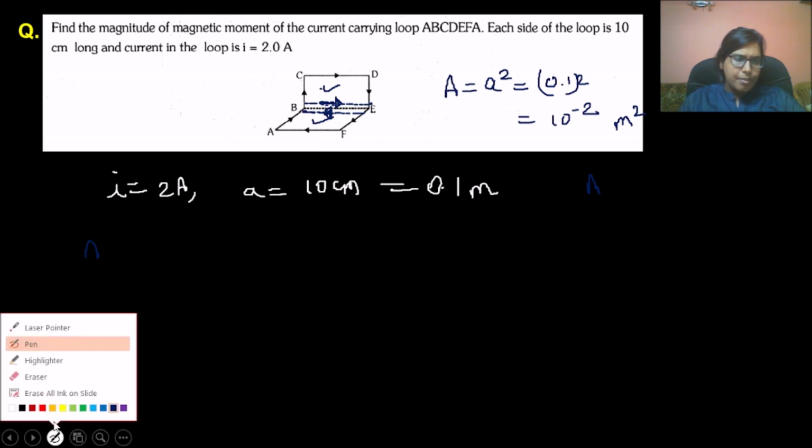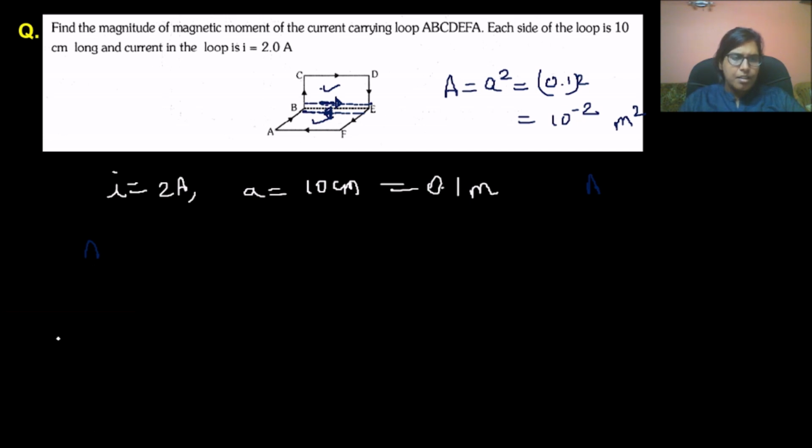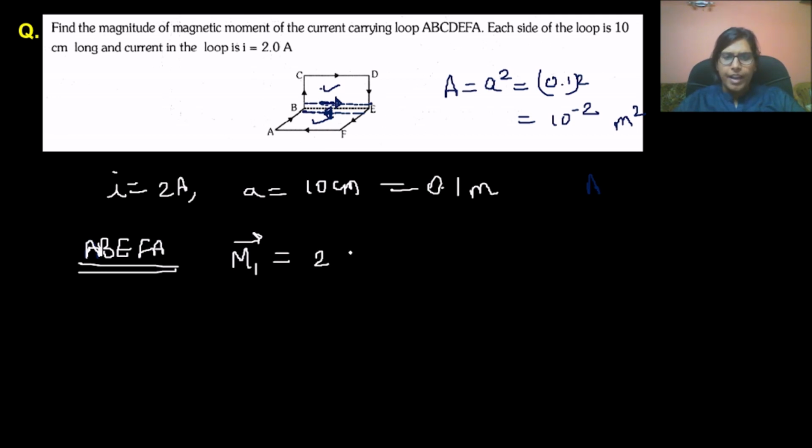Now if we write the magnetic dipole moment for the loop A, B, E, F, A, suppose this is M1. It will have a direction. The number of turns is not given, that means the number of turns is 1. So M equals N into I into A, equals 2 into 10 raised to power minus 2.